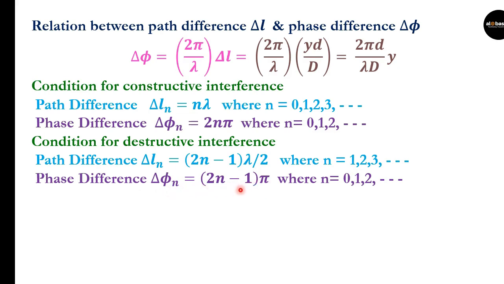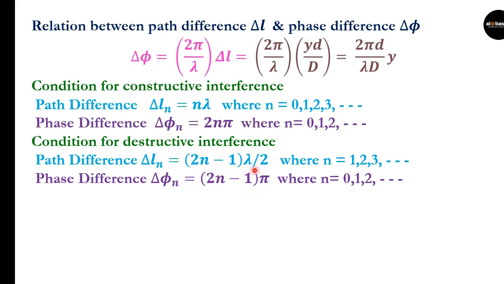Again, I can get this value by substituting this value in this equation. Values of n are 1, 2, 3, 4 like this. I can say that for destructive interference, path difference is an odd integral multiple of lambda by 2, and phase difference is an odd integral multiple of pi.